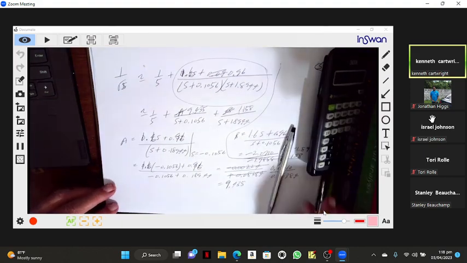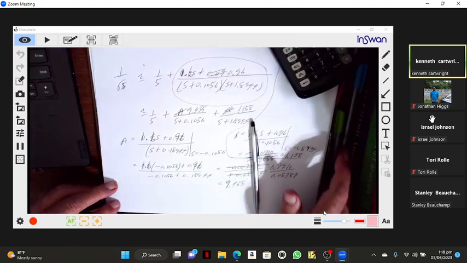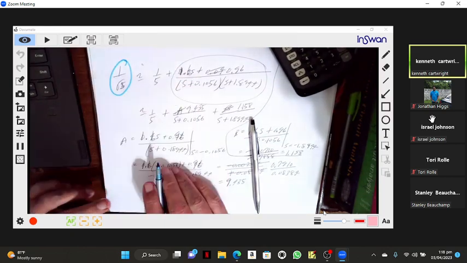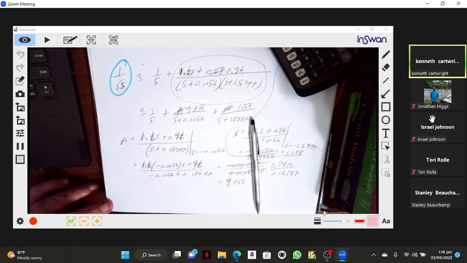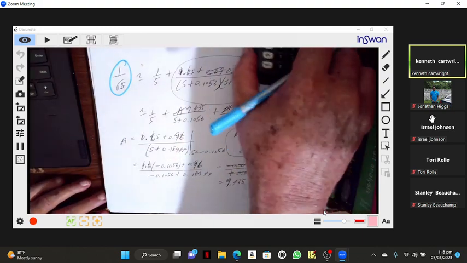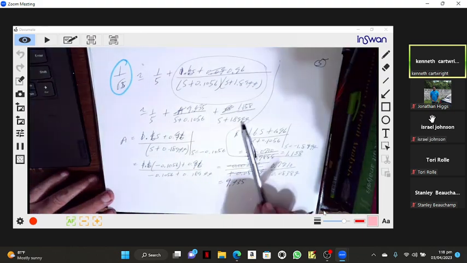Here's the deal. Let's not lose sight of what we're trying to do. What is this? Tell me what that is. See, we already lost sight of what we're trying to do.